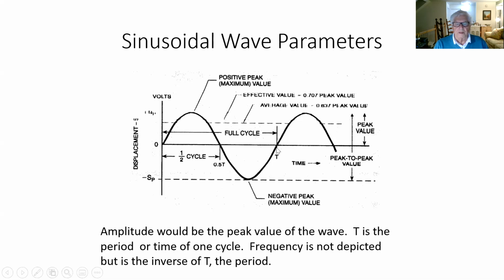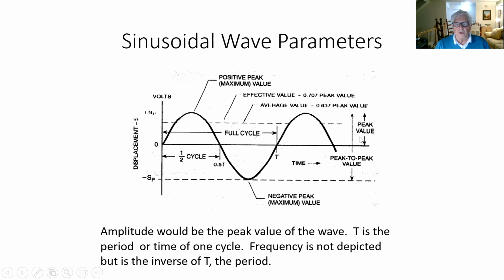one period away. That period is labeled T as the time required to complete one cycle. If you take the reciprocal of that, you get frequency. Okay, so the period and the frequency are inverses of one another.